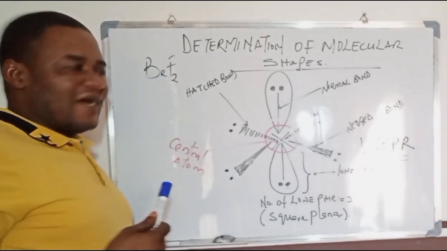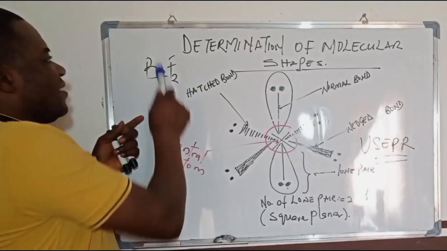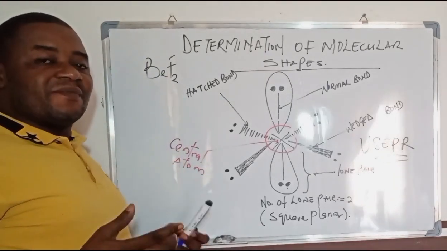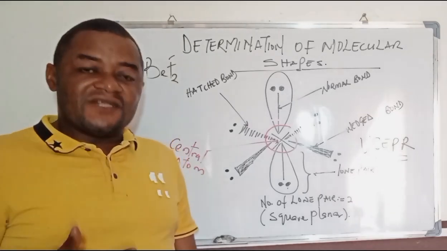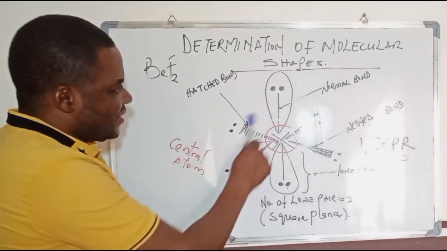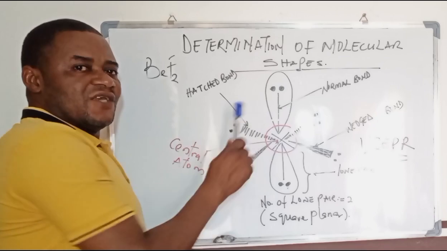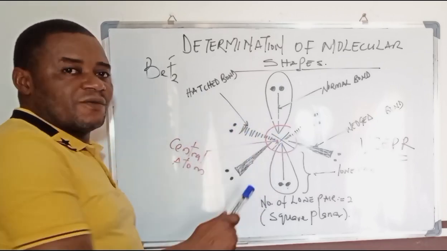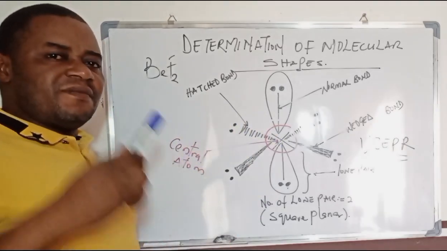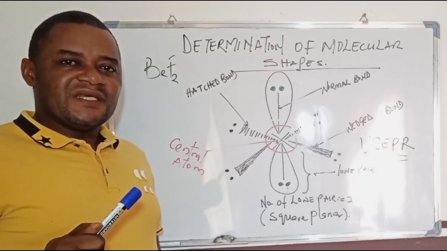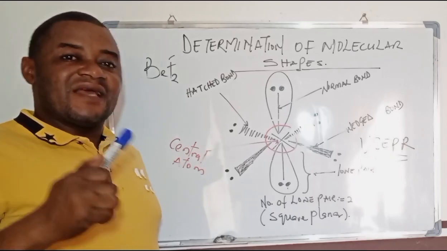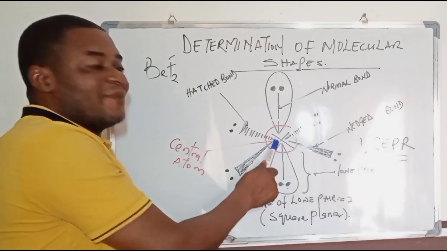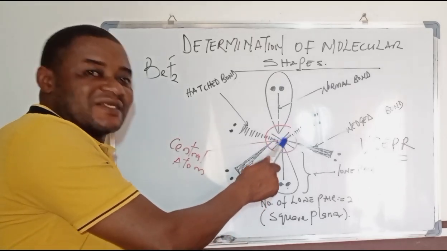And of course, beryllium will definitely be the central atom. Once you have identified the central atom, it is left for you to know the number of valence electrons at the outermost shell of this central atom.